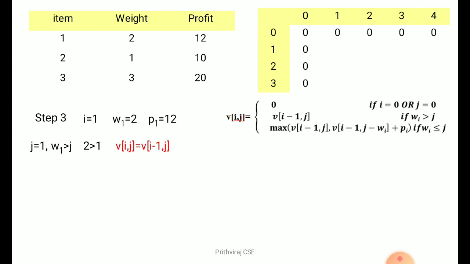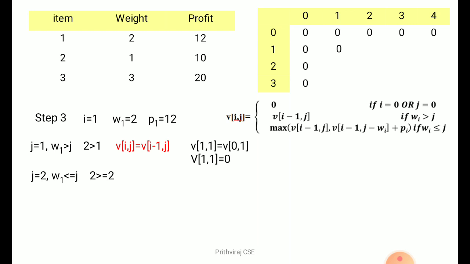W1, which is 2, is greater than j, that is 1, so that is our second condition, wi greater than j. So V of i comma j is equal to V of i minus 1 comma j. Now V of i minus 1 means V of 0 comma 1, and we have already computed V of 0 comma 1 in our previous iteration. The value is 0. So V of 1 comma 1 will get the value 0.